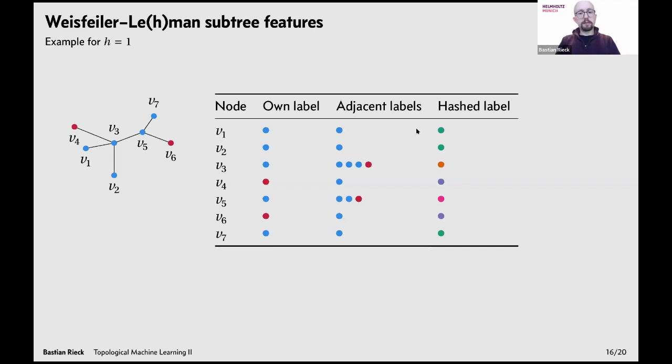So for instance, you will see that let's say blue and blue gets hashed into green. Don't attach too much meaning to this. This was just something that I did, right? There's like no color mixing involved here. And red and blue together will be mixed into something like this violet here.